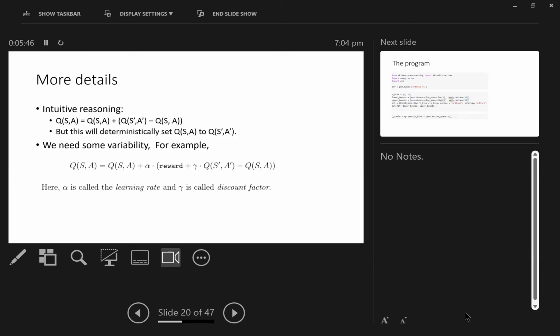So the crucial point is the difference of this value. If after taking this step you are led to a new state such that the best possible action gives you a very small Q value, that means that although this stage gives you some promising Q value, after you get into this trap, you will enter a situation where no matter which action you take, you will hit a dead end, for example.